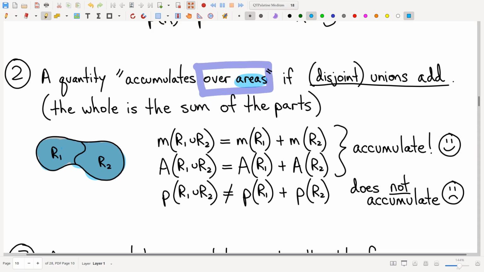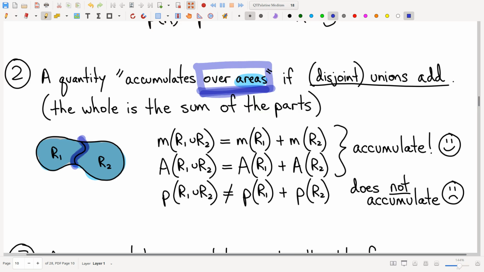I'm cutting up the area, and I'm looking at the quantity on the left piece of area, the right piece of area, and the whole union of area. And that is the context in which I want to ask if the whole is the sum of the parts.